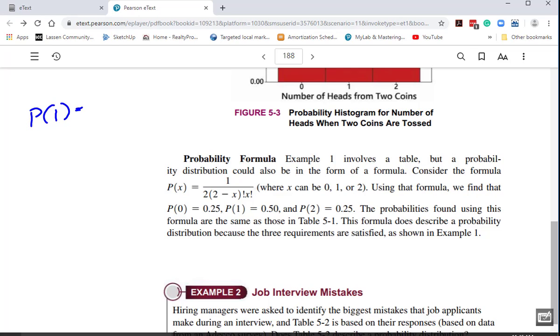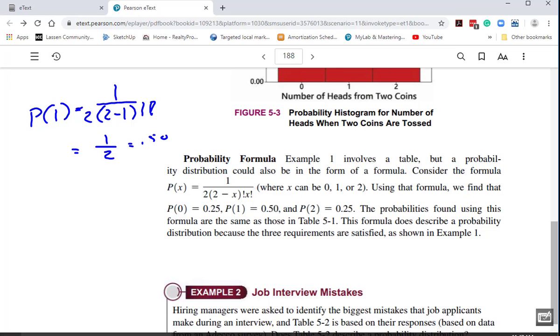And that's going to be equal to 1 over 2 times 2 minus 1 times 1 factorial. Does it work? Well, what's 1 factorial? That's right. So here we have 2 times 1, correct? So that's going to be 1/2, right? So it is an actual equation that tells you how it would fill up in that pattern.